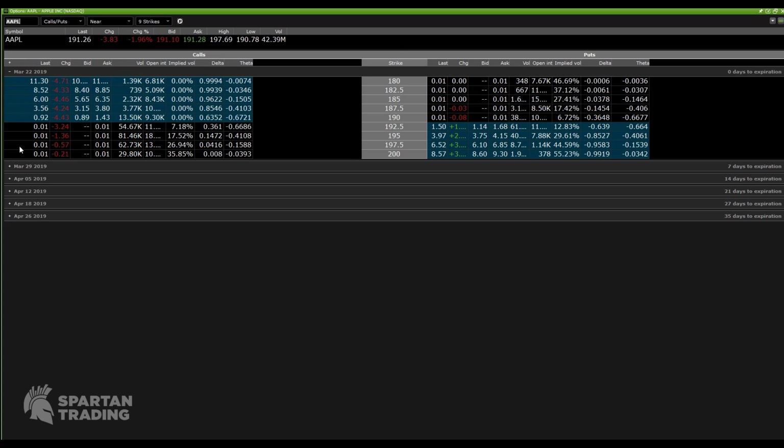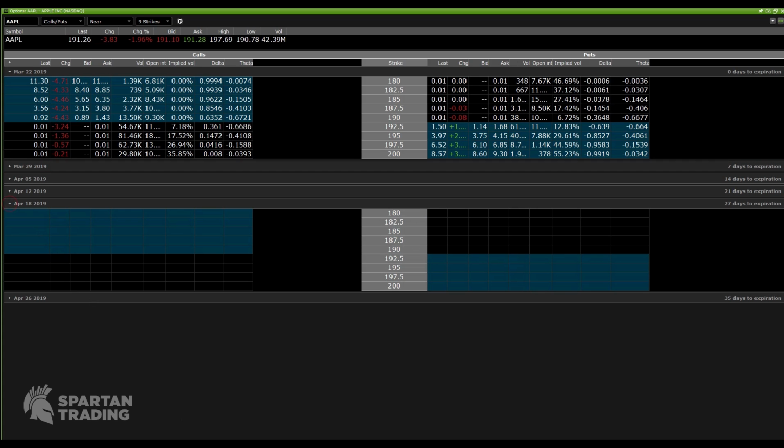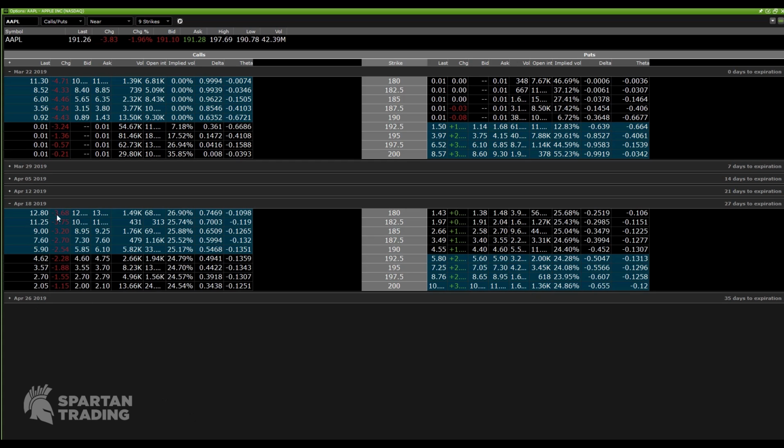So if I was looking at, for instance, a longer dated option, April 18, 2019, so about a month away, and I was looking at $185 calls, I would have the ability per contract to purchase 100 shares on April 18th, 2019 at expiration if the price of Apple was above the contract. The reason why it would have to be above the contract's price is, why would you want to pay more at expiration if the price was below it? It wouldn't make any sense. So that's how the strike and the expiration work.